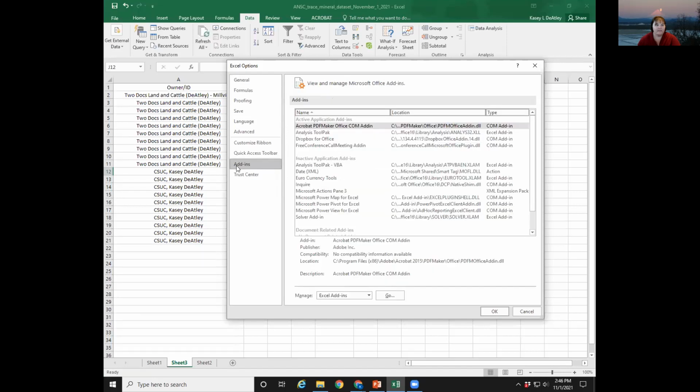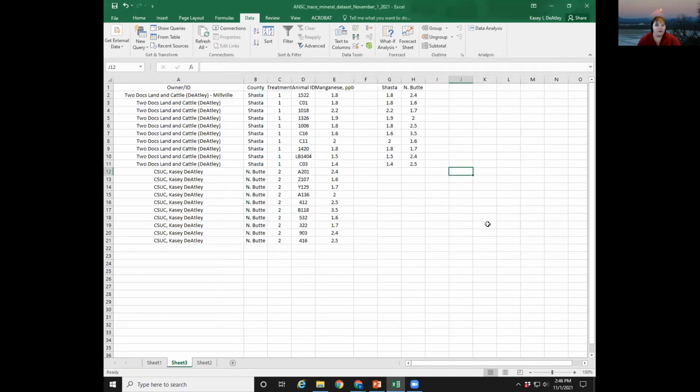We can go to Add-ins, and you should get a whole list of add-ins for Excel here. And the one that you want is this Analysis ToolPak. Once it's highlighted, you can hit OK and get out of the window. And hopefully it shows up in the Data tab over here on the right-hand side. If for some reason it doesn't, save your work, shut Excel down and restart it. And it should show up.